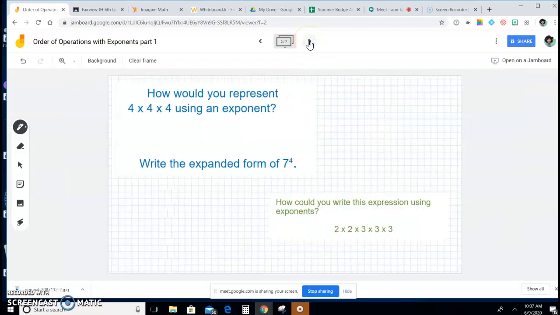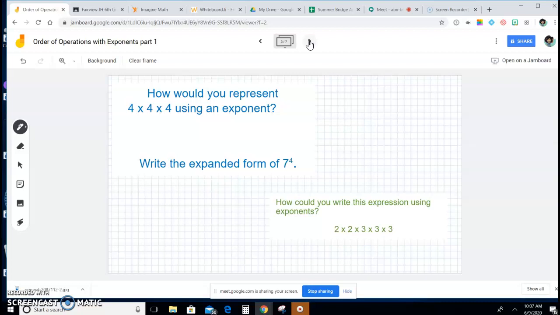All right, so how would you represent 4 times 4 times 4 using an exponent? You probably won't be able to type in exponents, but you could say whatever to the whatever power.